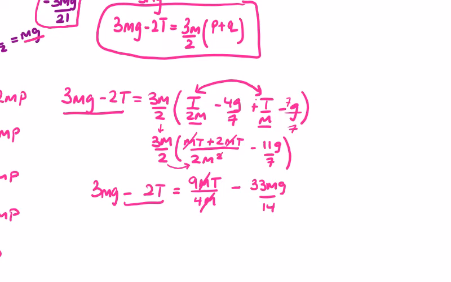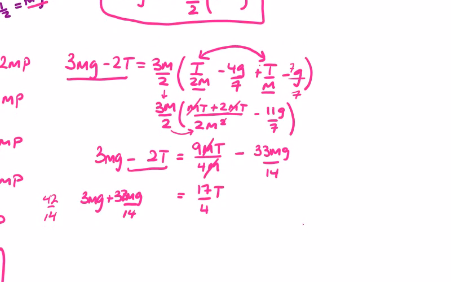So 9 over 4 add 8 over 4, so 17 over 4 T. And then to the left, I have 3mg plus 33mg over 14. If I put them both over 14, this would be 42 over 14. So I'm going to get 42 and 33, 75mg over 14 is equal to 17T over 4.